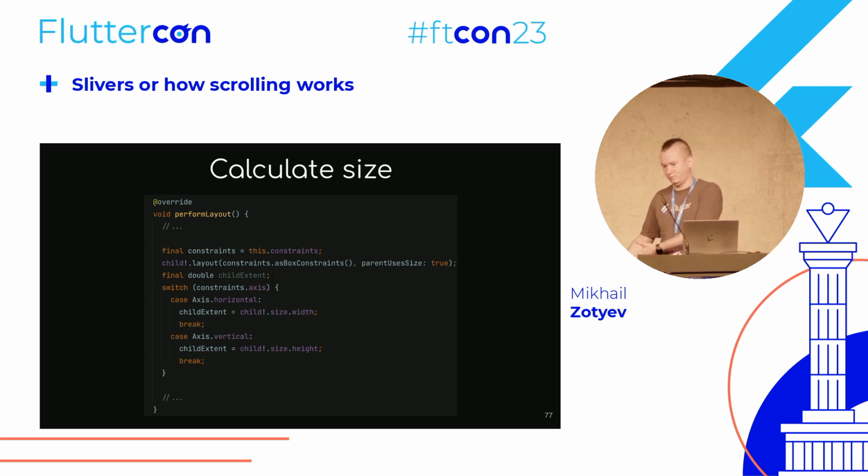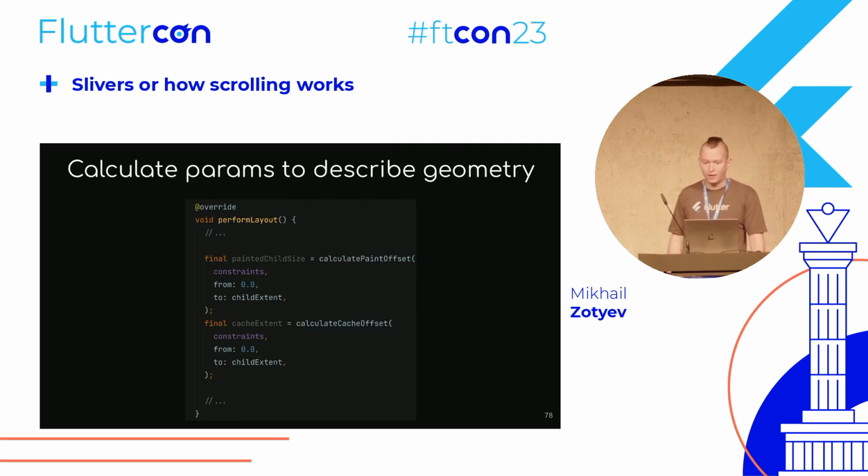We have only the child size. So we simply delegate this decision to the child and say, okay, here's our constraint, but as a simple box constraint, and we will use your size for our purpose. So that's it. We know the maximum size which we can use, because it's the size of our child.